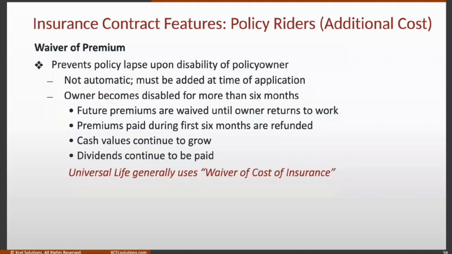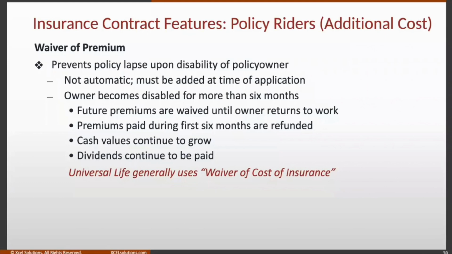Premiums paid during the first 6 months: the policy owner does have to pay the premium and keep it up to date, and they have to pay it out of their own liquid savings account for the first 6 months. But premiums paid by the policy owner during that first 6 months are going to be refunded retroactive back to the day the disability happens once the waiver of premium rider kicks in. The waiver of premium rider kicks in after 6 full months that the person has remained disabled.